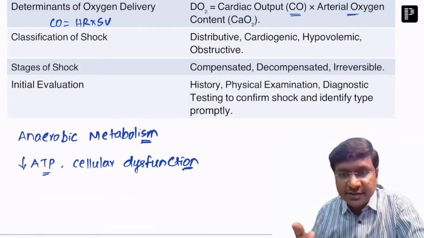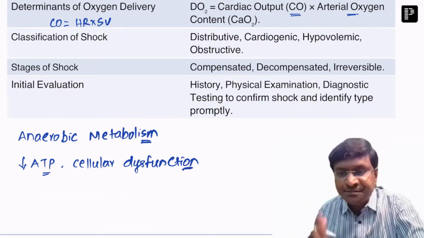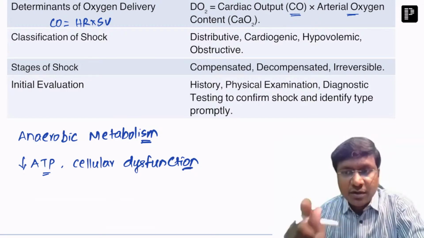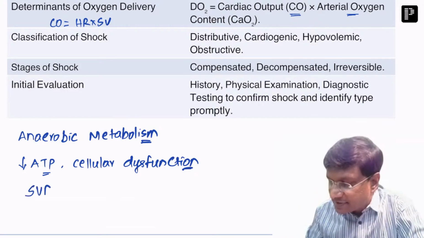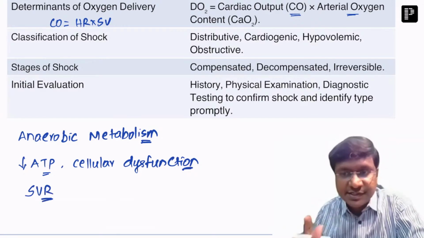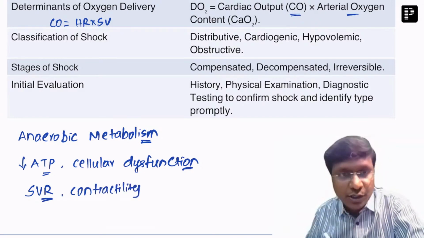The other factor which determines oxygen delivery is the arterial oxygen content. What is it again dependent on? It is dependent on factors like the systemic vascular resistance, that is the resistance given by the vessels, and on the contractility of the heart, that is the stroke volume.